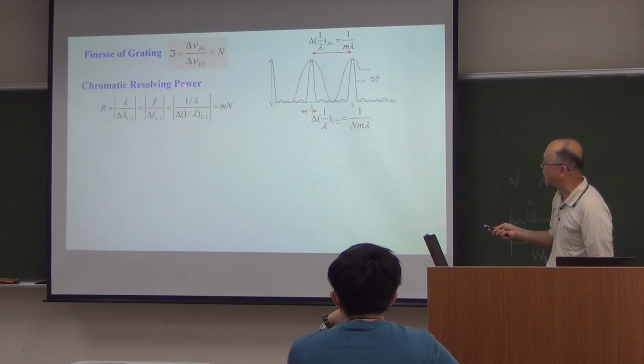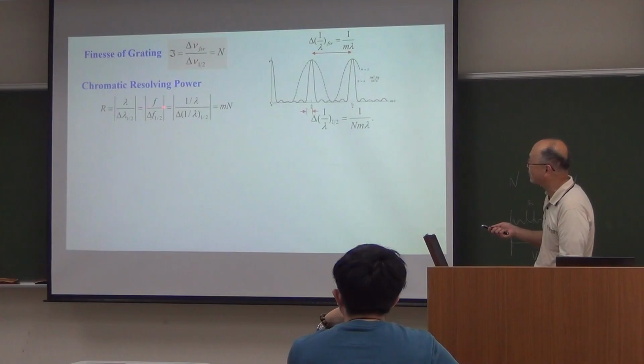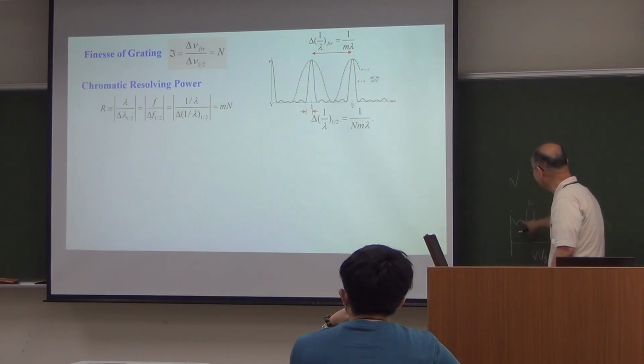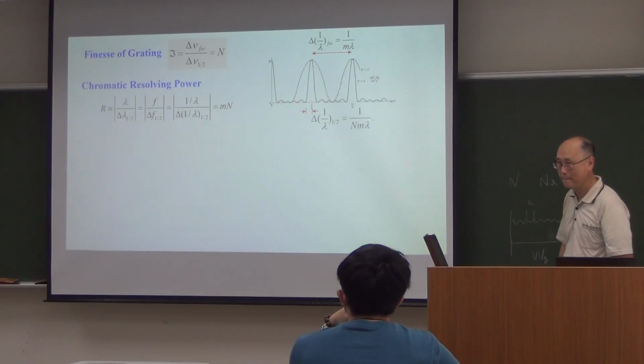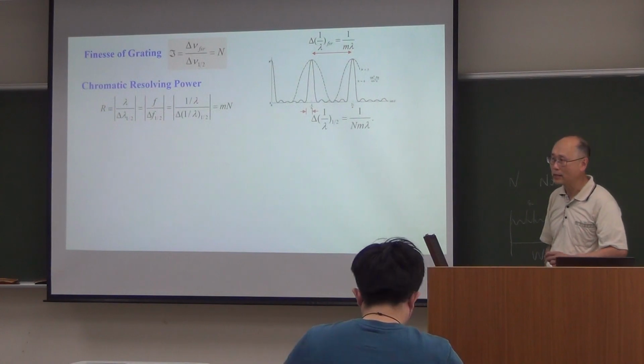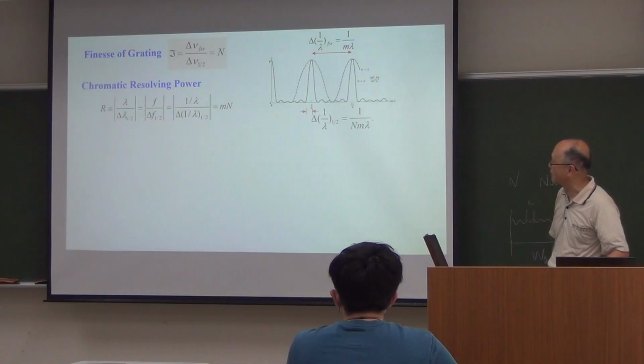Additionally, if you know the chromatic resolving power and the wavelength you want to measure, the frequency of the laser divided by this width gives you the chromatic resolving power, which is another tool for calculation. This m is the diffraction order. N is the number of grooves on the grating. Today you're going to go through one quiz to do this calculation, so make sure that you understand the concept.